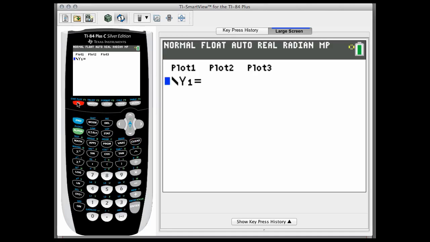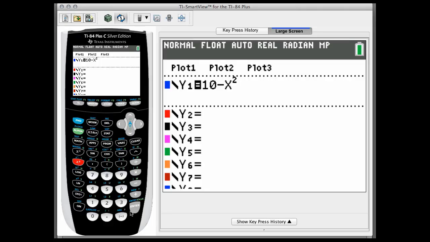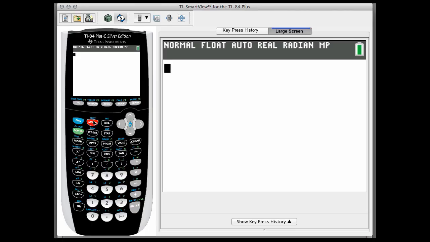So what you want to do is under y equals have the equation. So remember the equation was 10 minus x squared. Then we're going to go back to our quit screen. And we're basically just going to type all that out. So we have 1 times, so now remember we needed to substitute 0.5 into the function.